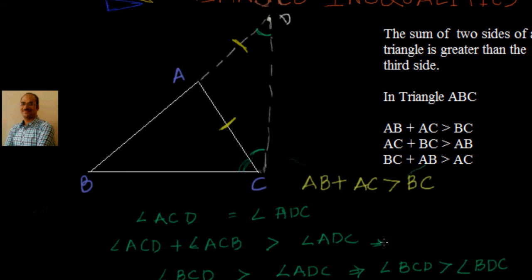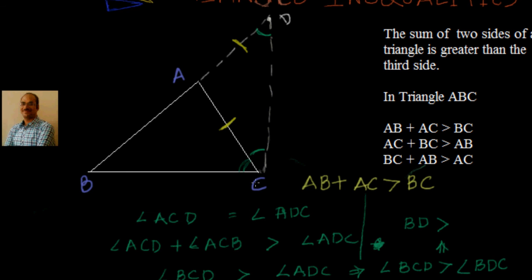But if you look there, angle BCD, the opposite side is BD. So I know from the theorem that if the angle is greater, then the side opposite to it is greater.